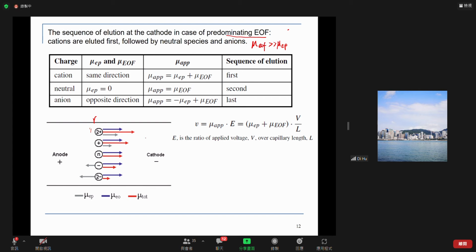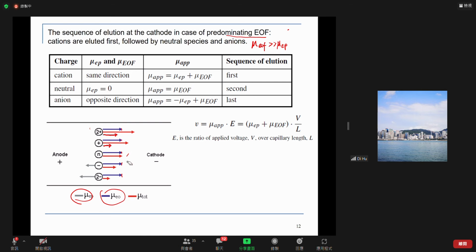Everybody has the same mu EOF, so the blue arrows are the same length for everyone. How about mu EP, the gray one? The ion with the larger charge density, the 2 plus, has the largest mu EP, followed by the smaller one. The neutral compound has no mu EP.